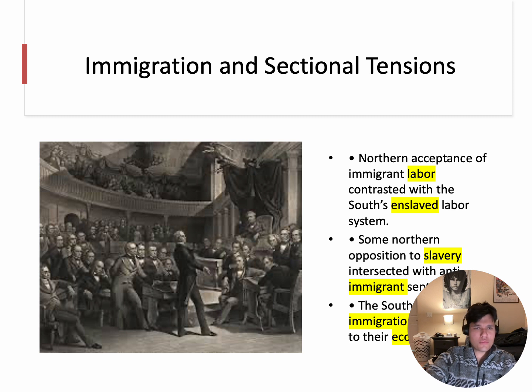In the South, immigration was seen as a threat to their economic model and social hierarchy, deepening the ideological divide between the regions. That's basically what's going on in this slide. Let me go ahead and move on from this one as well.